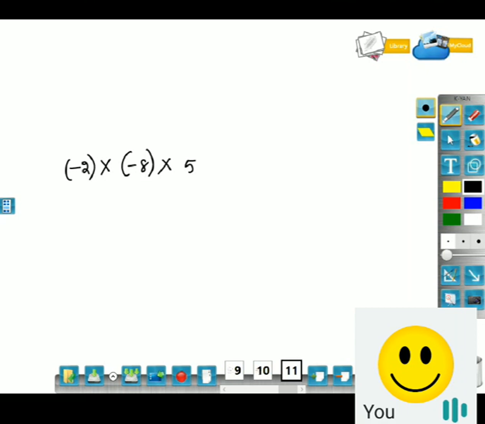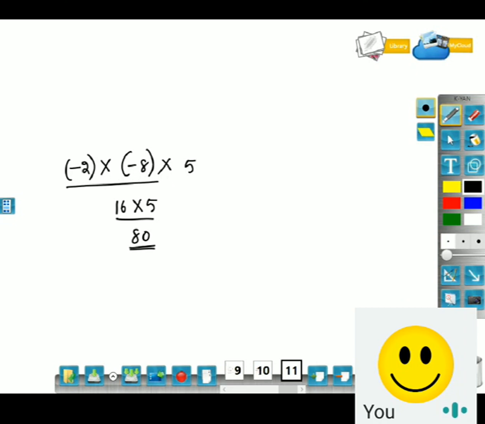Okay, most of you are writing correct answers. So minus 2 into minus 8, both are minus, so the answer will be in plus. So it will be plus 16 into 5. So 16 into 5 is going to be 80. Most of you have written the correct answers.